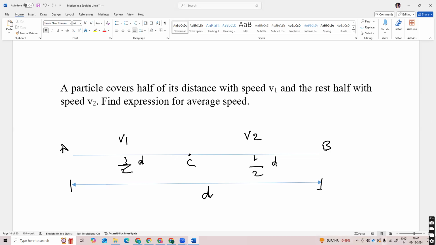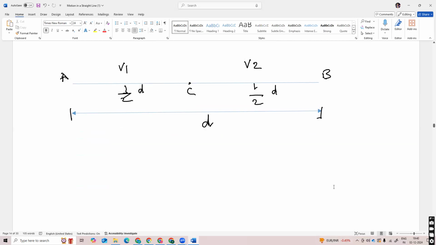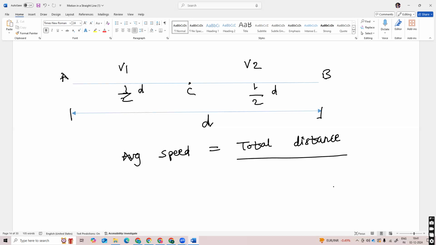You know that average speed is total distance upon total time.